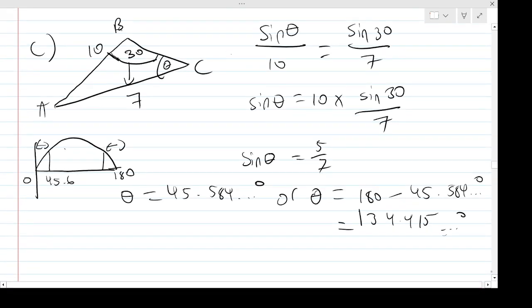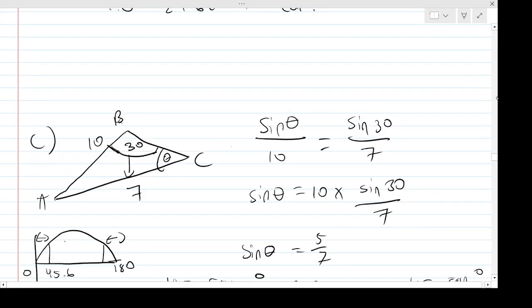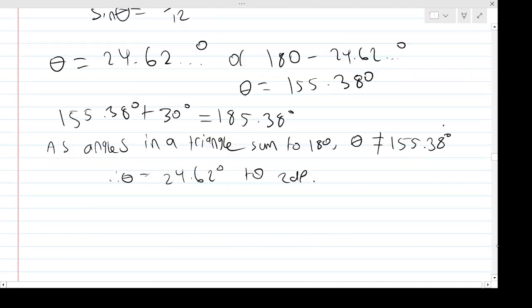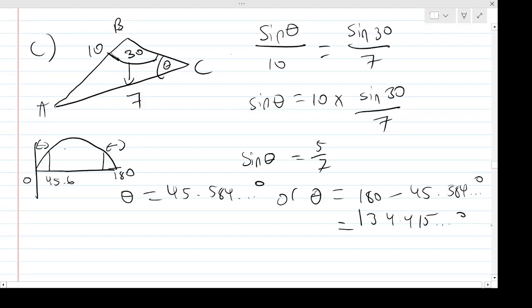Right, and so obviously I should always check if this is a plausible solution. Now, probably spoiler alert, it's going to be correct because it's asking for two possible values. So they're both going to be correct. I could leave it there if I'm a little bit careless, but I know I'm kind of right because the question asked for two values and I got two values.